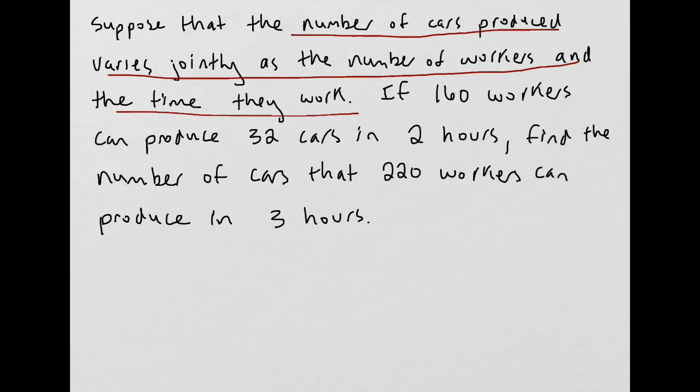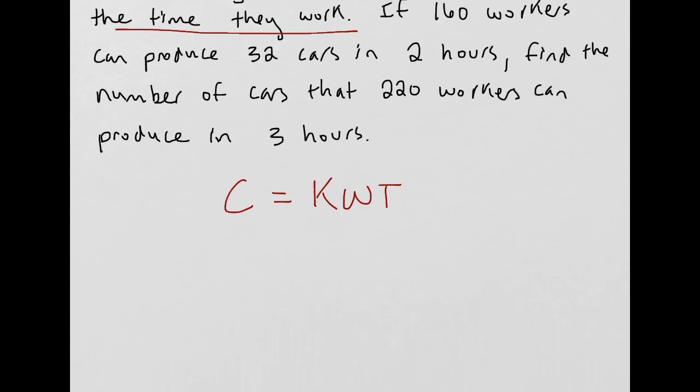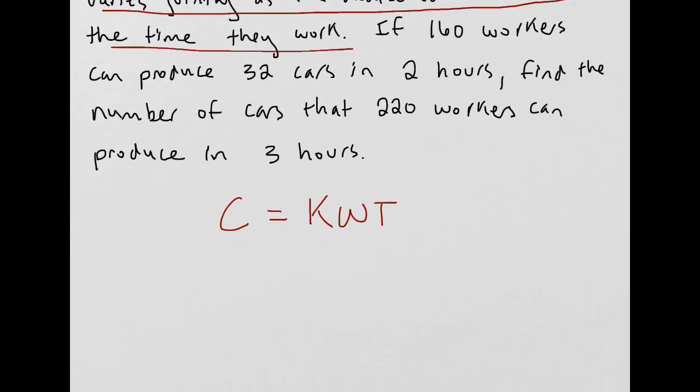So just based on that information, what I know is the number of cars, which I'll just call C, equals, and since it's joint variation, I know it's going to be K, some sort of a constant, times the product of the two variables mentioned. So it says jointly as the number of workers, so I'm going to call number of workers W, and the time they work, which I'll call T. Okay, so that's our first step, is just to come up with that formula.